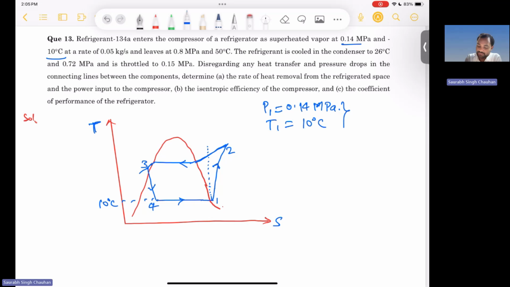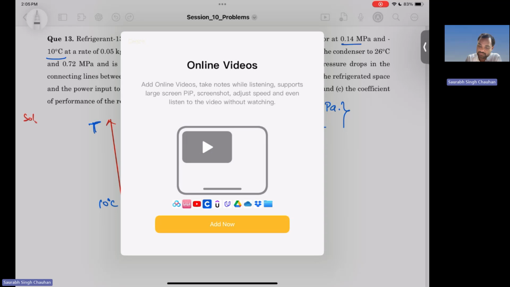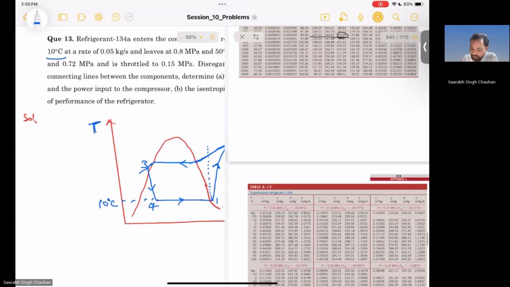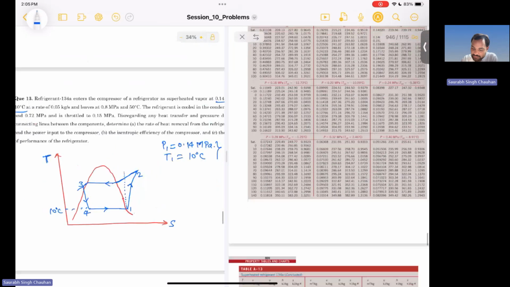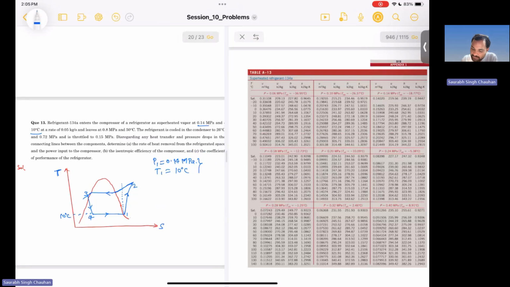So from these values we can find the enthalpy from the superheated tables, at 0.14 MPa and minus 10 degrees Celsius.